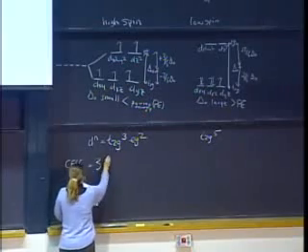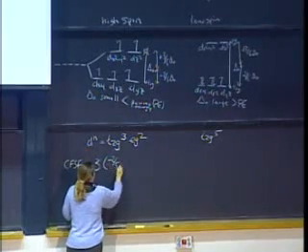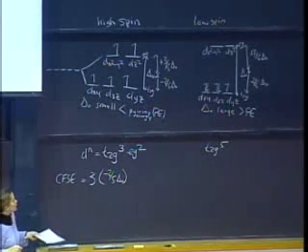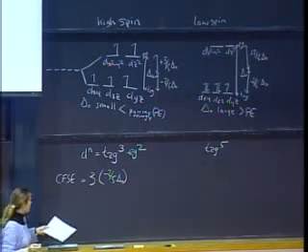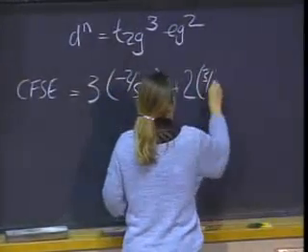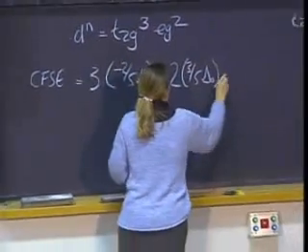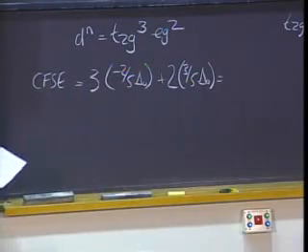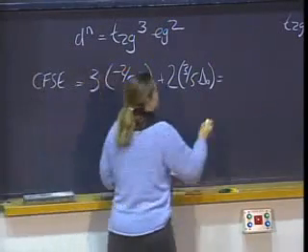So there are 3 down here. So 3 times minus 2/5 the octahedral crystal field splitting energy, and you have 2 above, so 2 are up in energy by 3/5. And so what does that equal? 0.